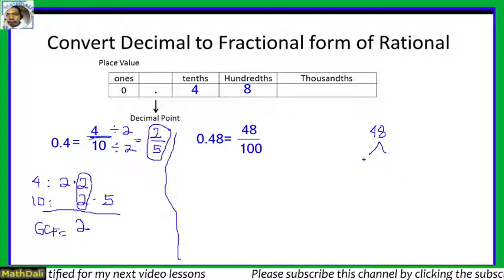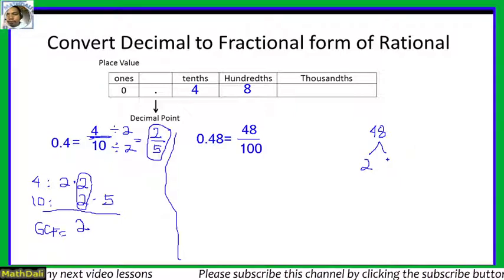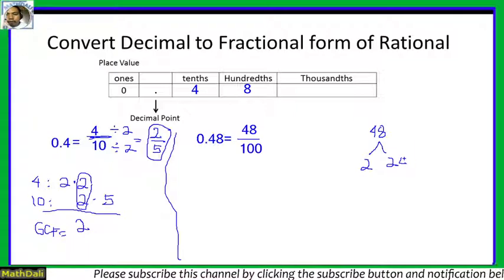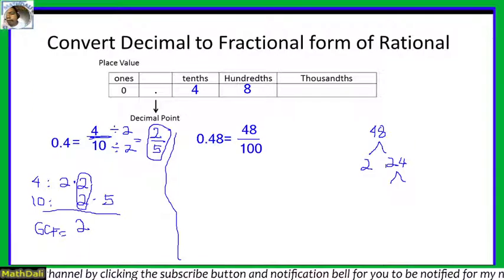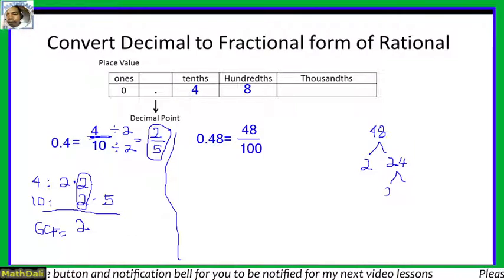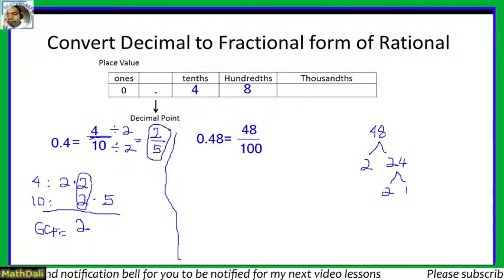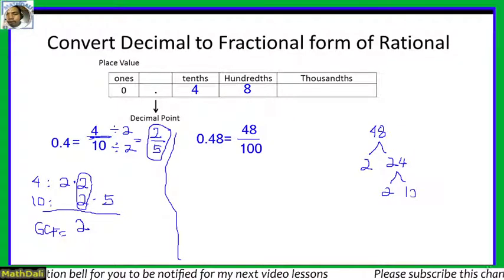That will be 2 multiplied by 24. Yan. 2 times 24, that is equal to 48. And 24 is not a prime factor. Pwede pa yan i-factor. So, ang factor ng 24 ay we have 2 multiplied by 12. Yan. 2 times 12, that is equal to 24.